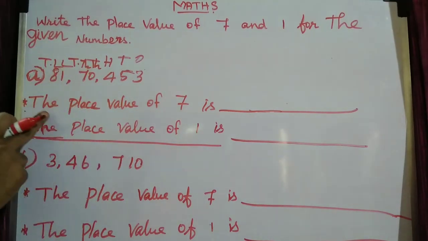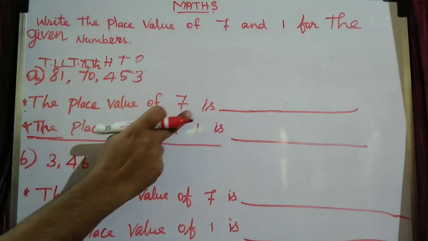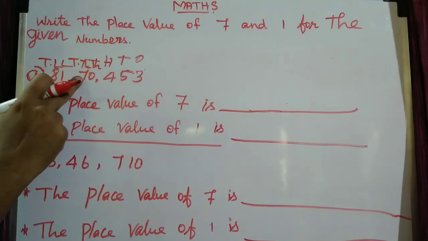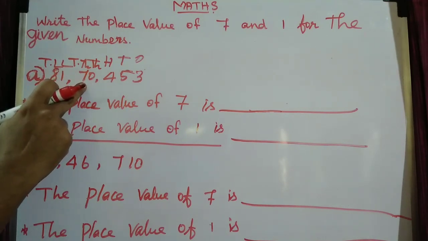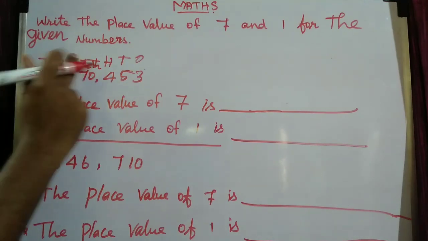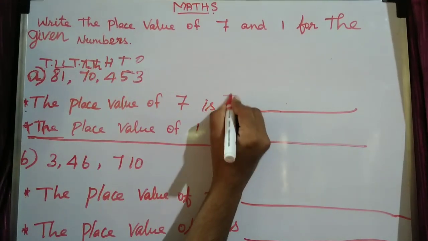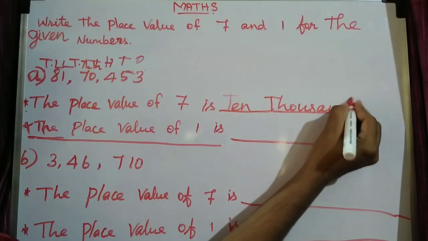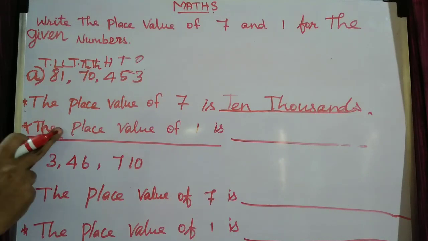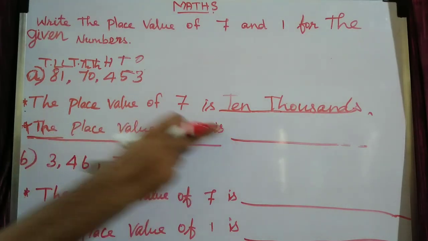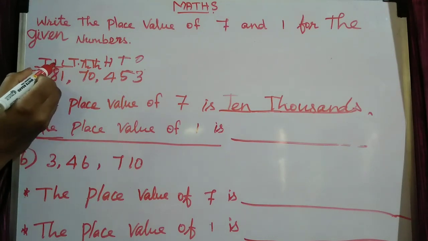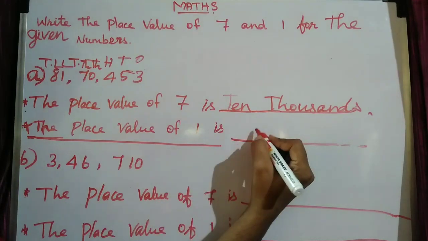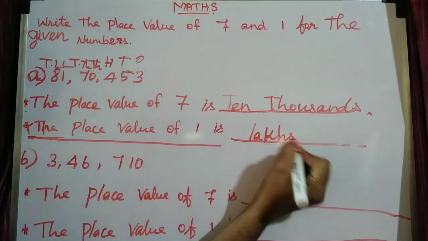The place value of 7 is dash. 7 occurs in the 10,000 place. 7 into 10,000 is 70,000. So the place value is 10,000. The place value of 1 is dash. The 1 occurs in the lakhs place. So 1 into lakhs, 1 lakh. The place value is lakhs.